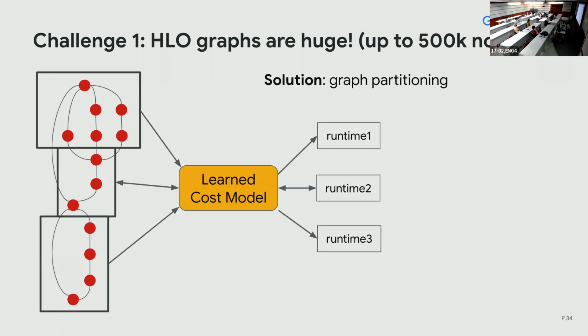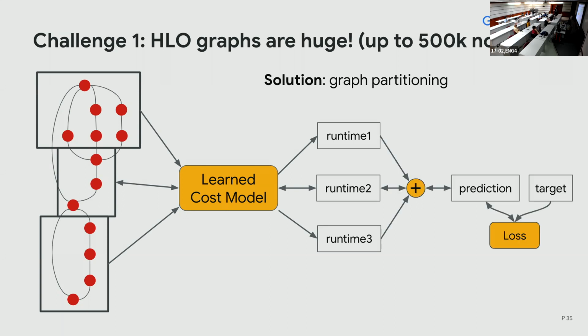One thing that we tried is to partition the graph into multiple segments, and then feed each segment into the cost model to get the runtime for each segment, and then sum them to get the total runtime. Then you can compare that to the target and compute the loss.